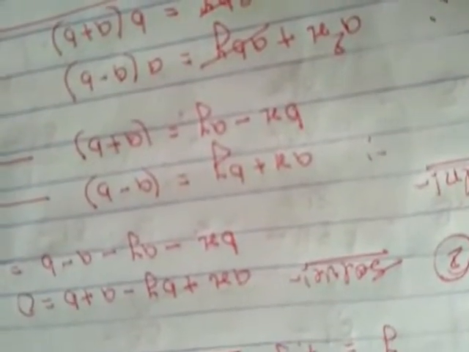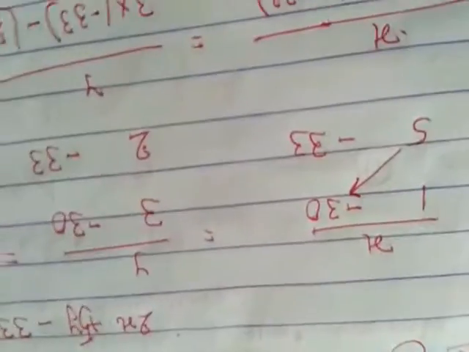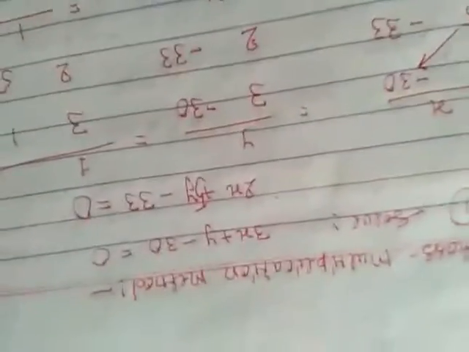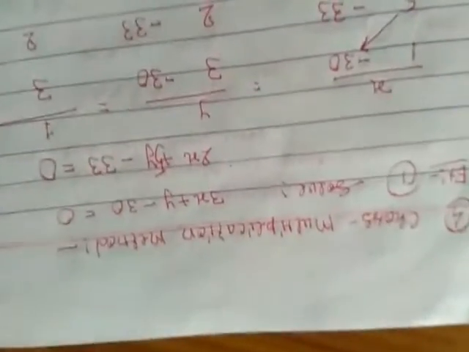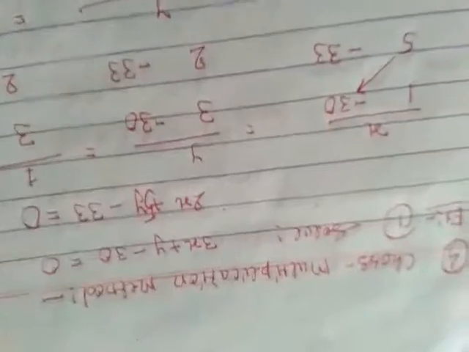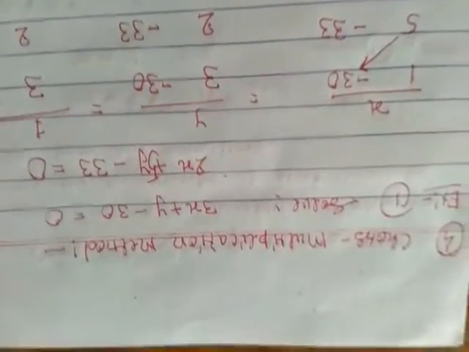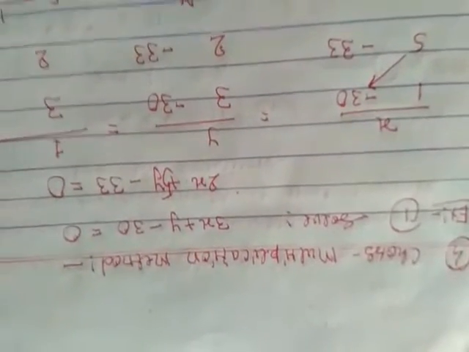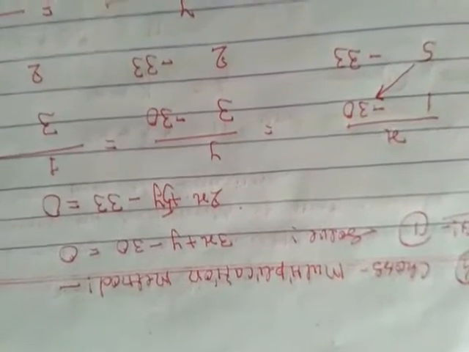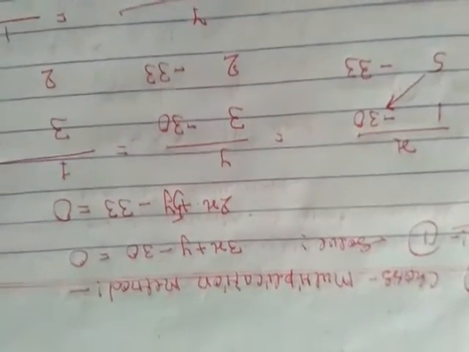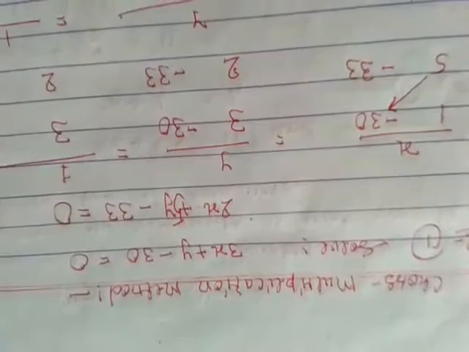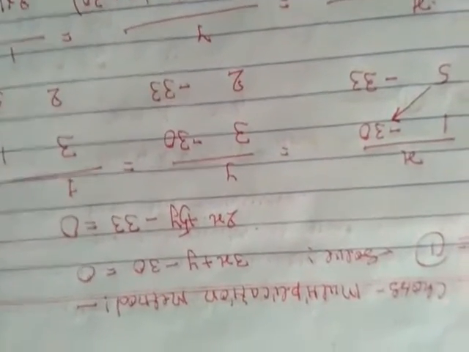Now, the fourth method of solving a pair of linear equations in two variables is the cross multiplication method, which is a very important and very convenient method. Here I am explaining the cross multiplication method by taking an example.